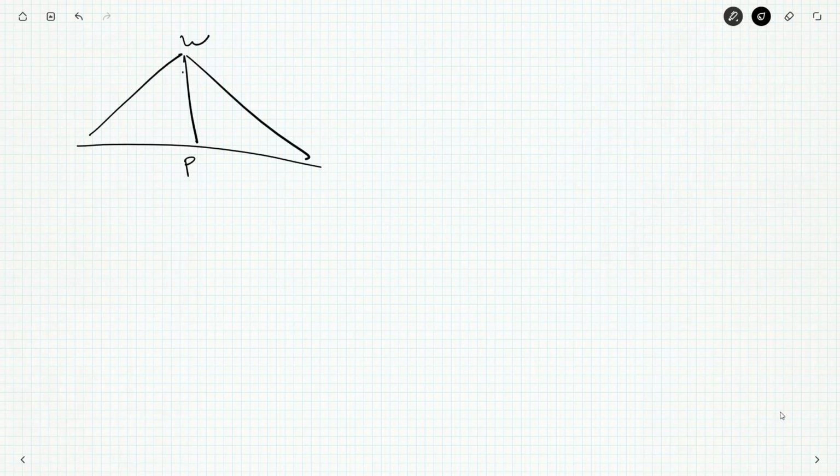So if we take a look at W, P, and it was a Z here. The Y goes through here. And it's a V over here. So we have 30, we have 40, we have 35.